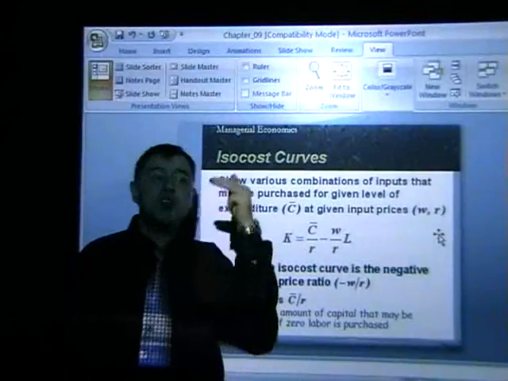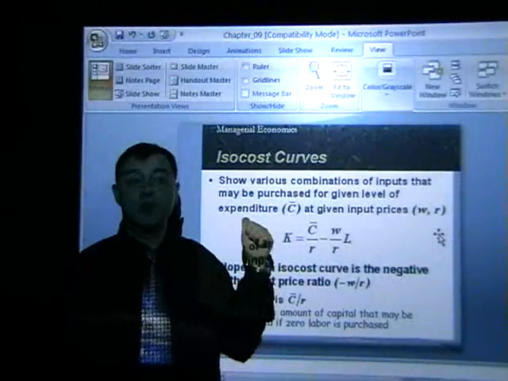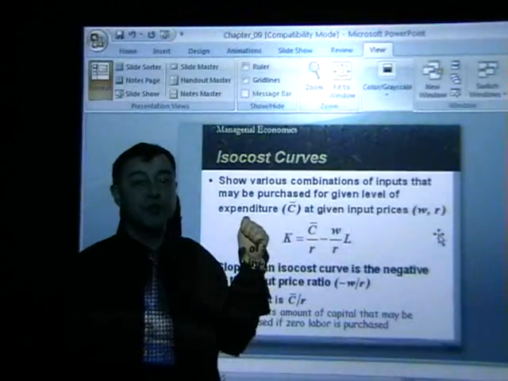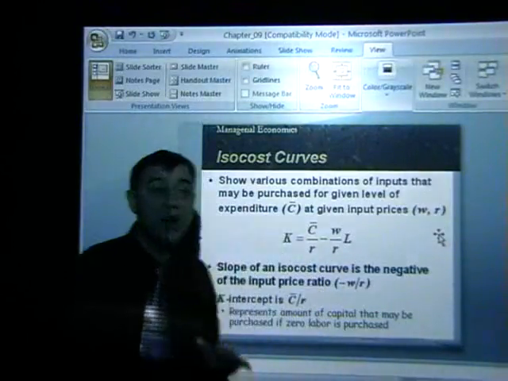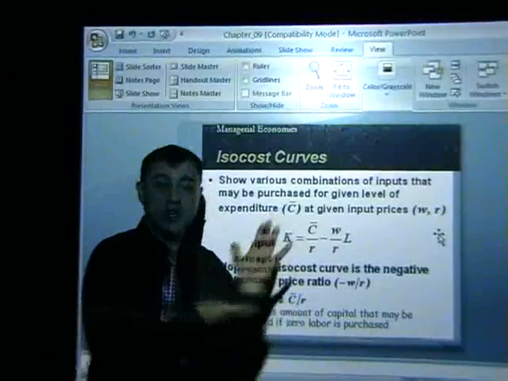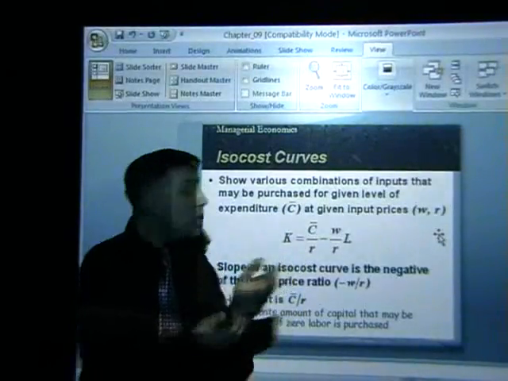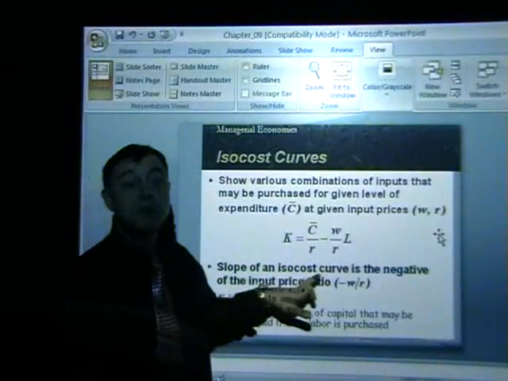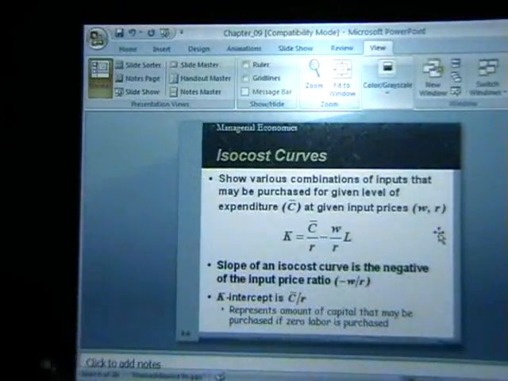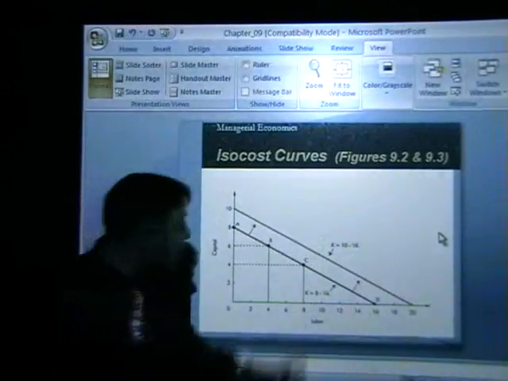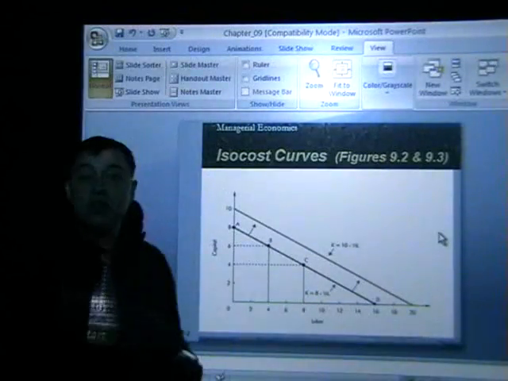So, the logic should be what we had from quite a few lectures ago, if you remember, that some sort of optimization will occur where the technological rate of substitution will equal the marginal rate of substitution, which is coming. Alright, so back to isocost curves.